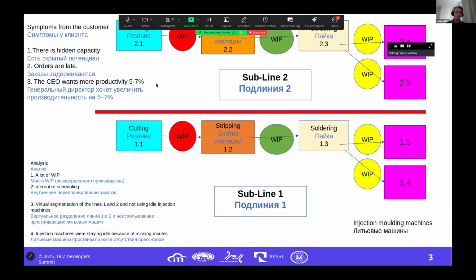Because let's take model 100, they start to cut it, after that stripping, soldering, put here in the whip to wait, but they don't have two molds and they can use only one machine. This is big waste for us, and started to see what could be the solution.